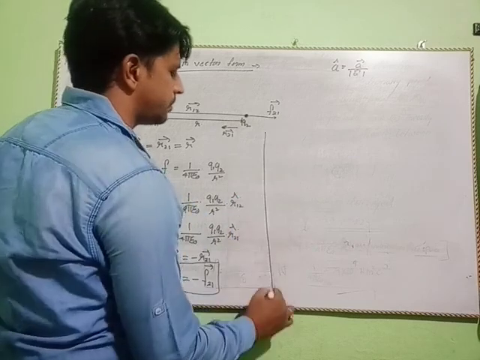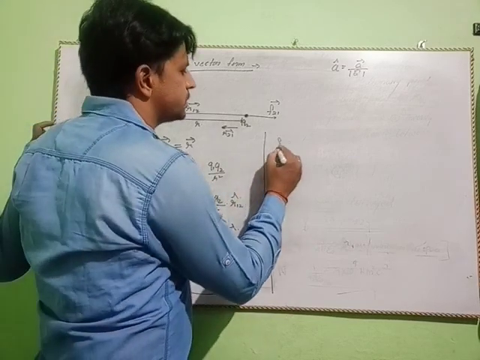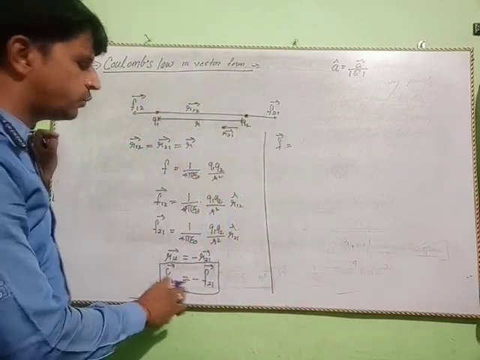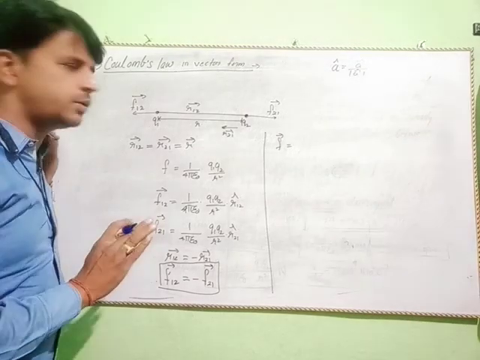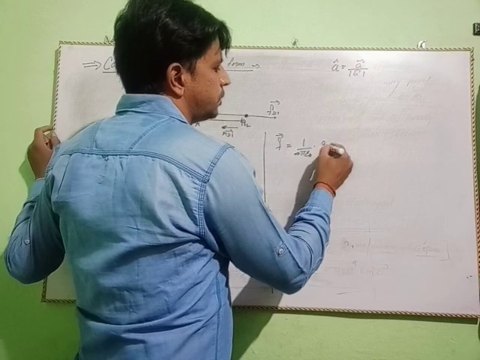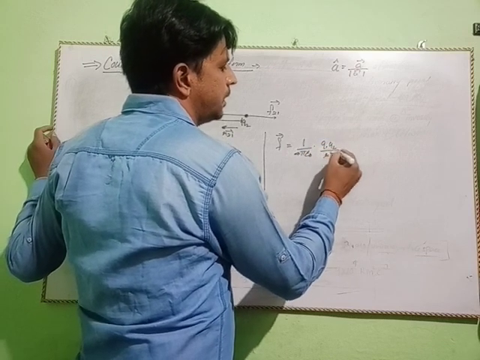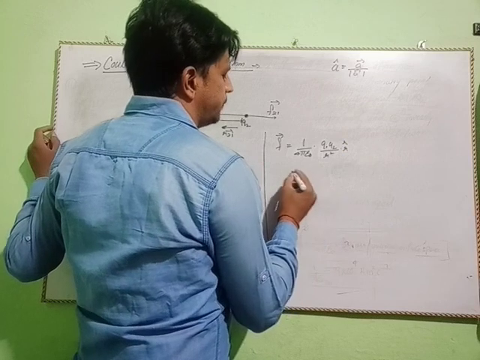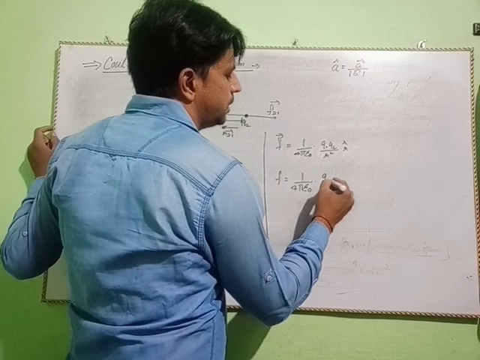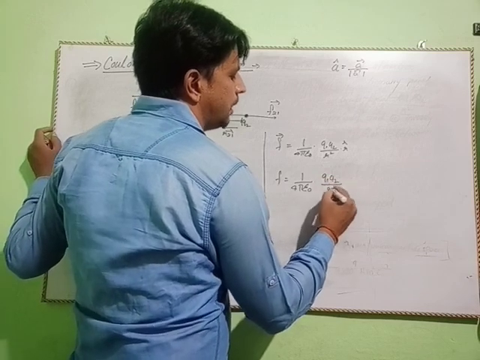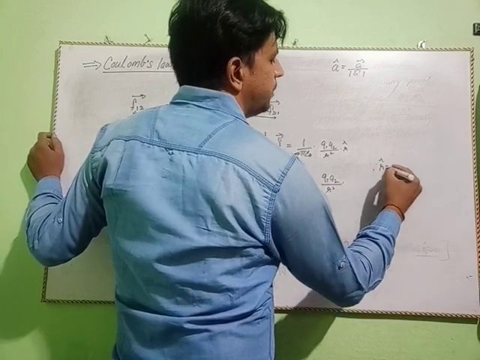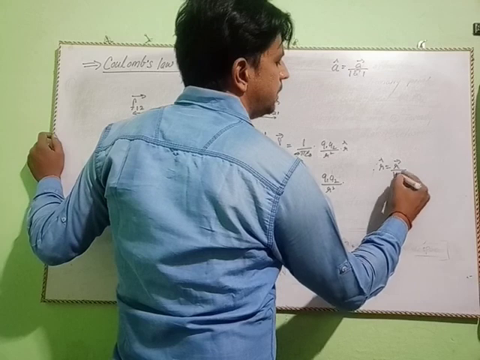Now if we write the force, 12 or 21, both the forces are equal, only the direction is opposite to each other. So vector force is 1 by 4 pi epsilon naught q1 q2 upon r square into unit vector r. This can be written as 1 by 4 pi epsilon naught q1 q2 by r square, and the unit vector r can be written as vector r upon magnitude of vector r.